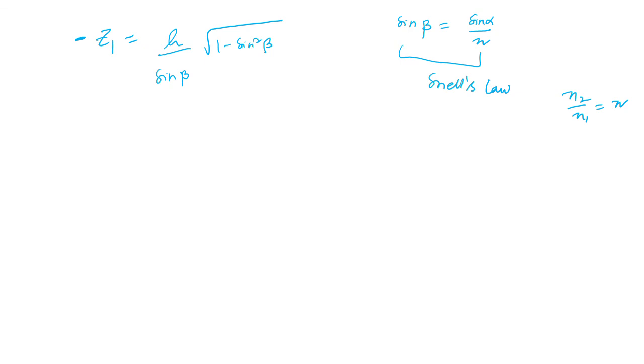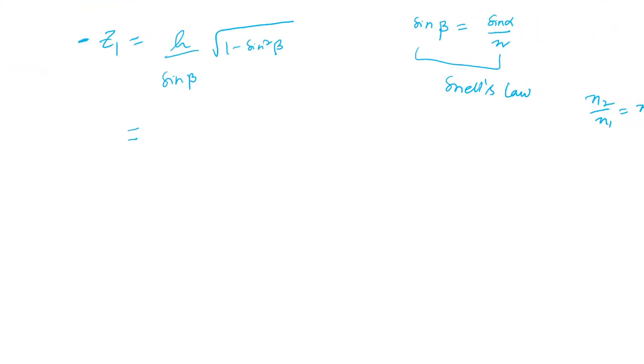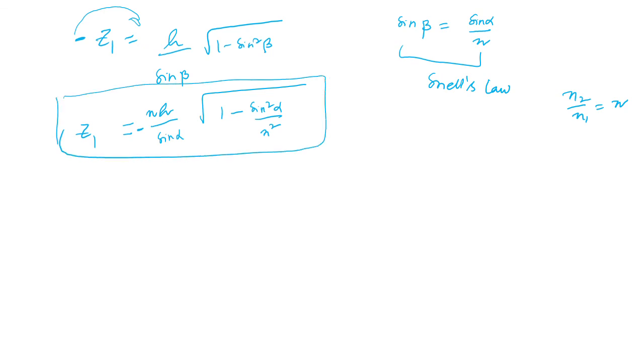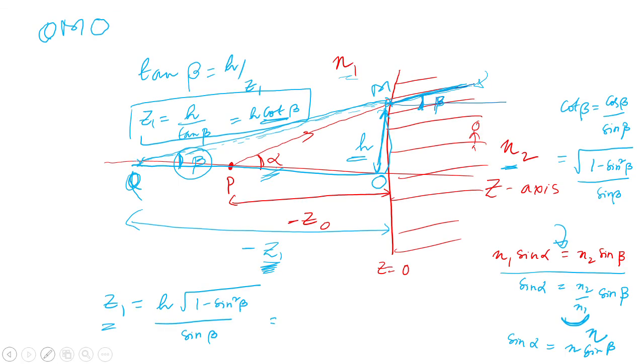So then using this, I can write the same thing as h, and instead of sine beta I would get sine alpha, but I would get n, right? And then under root 1 minus sine square alpha by n square, right? Now therefore I can write z1 itself as negative, because I can transfer this negative sign to the other side. So I can write z1 as minus nh by sine alpha times square root of 1 minus sine square alpha by n square, right? Again, we are getting all this from the geometry of the system itself, right?